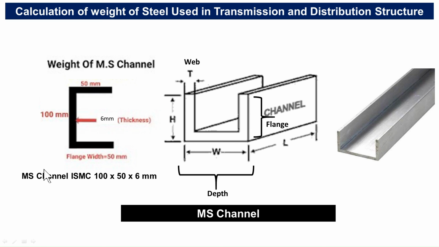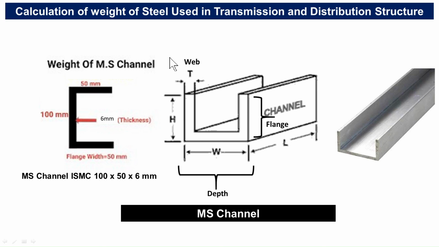Suppose we have an MS channel ISMC 100 into 50 into 6. That means its width, that is this portion, which is called the depth of the channel, is 100, and 50, that is this portion called the flange, is 50, and 6 mm is the thickness of the channel, that is called the web.